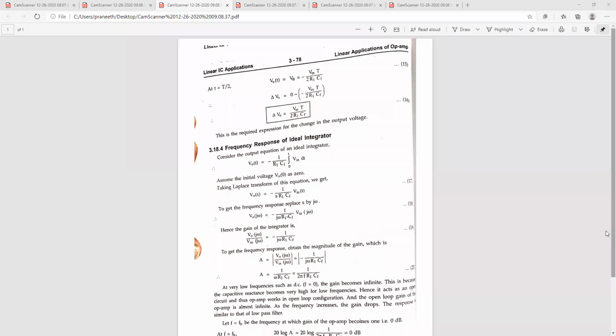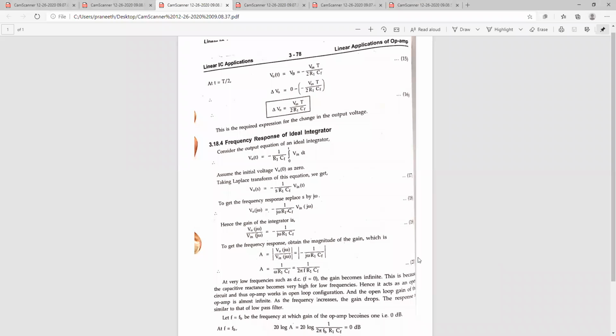So I get A equals 1 by omega R1 CF, where in place of omega I use 2 pi f. Finally, A equals 1 by 2 pi f R1 C1. This is the magnitude of gain.